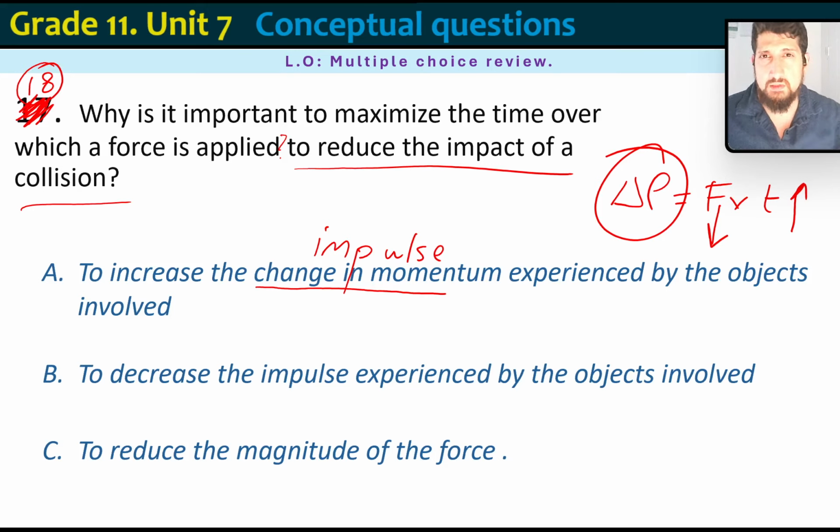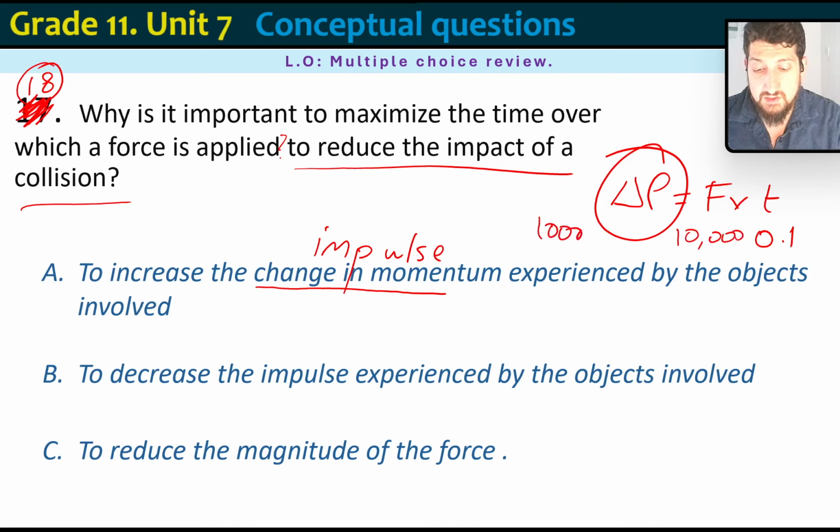Why? The force will be different. If the driver applies the brake suddenly, then the force will be huge because of this formula. If the time is small, 0.1 seconds, then the force is going to be about 10,000 newtons. But if they decide to apply the brake slowly, let's say instead they take 1 second, then the force is going to be 1,000 newtons.